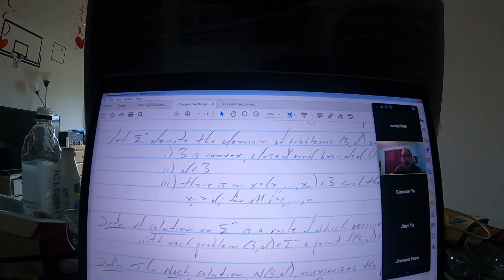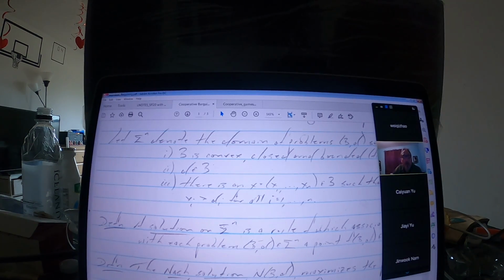If some player would never be able to achieve more than its disagreement payoff, then it has no real incentive to negotiate at all, right? So this is just to say that the problem is non-trivial. Everyone stands a chance to gain. And in fact, there's some possible outcome in which everyone would strictly benefit rather than resort to the disagreement outcome, okay?